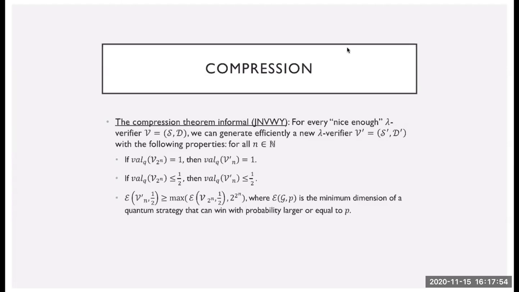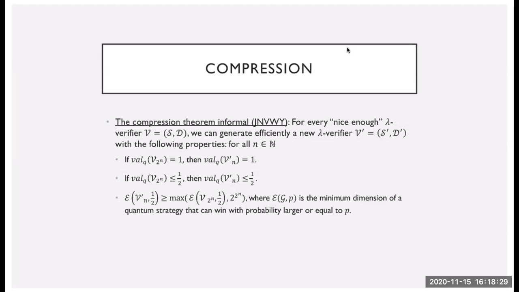Lastly, and this is a point where Michael gave a good explanation last time, the amount of entanglement needed to win the new n-th game with probability at least 1/2 is bounded from below by the maximum between 2^(2^n) and the amount of entanglement needed to win the original 2^n-th game with probability at least 1/2.